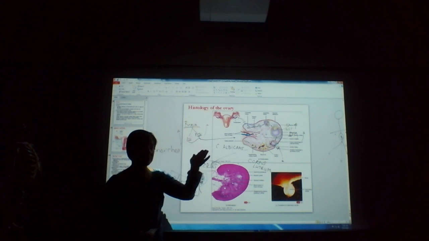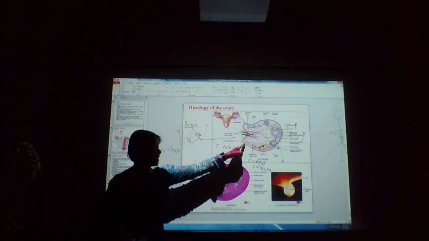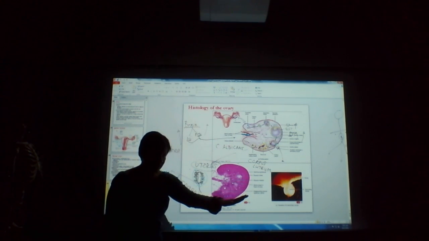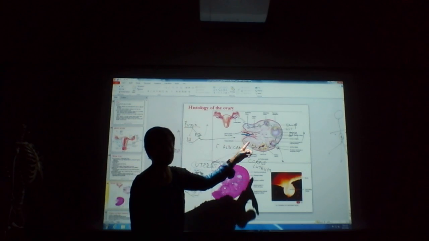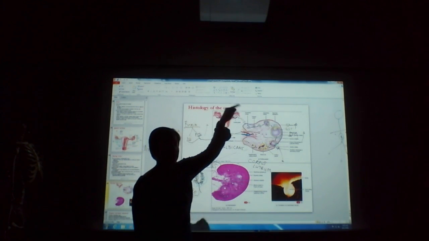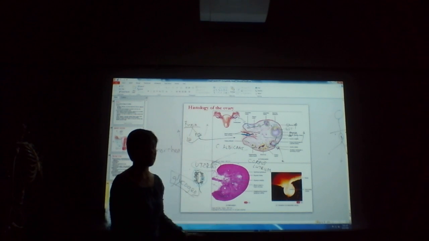So what happens? The progesterone goes down because it's no longer active. And if the progesterone goes down, at the same time, another cell is proceeding again. Remember, it's a cycle. You menstruate.